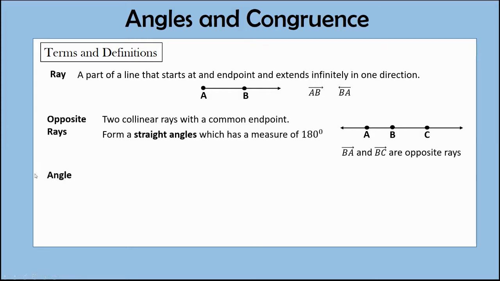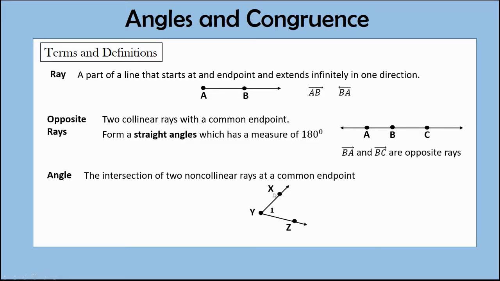Okay, so we get to the idea of an angle. An angle is defined as the intersection of two non-collinear rays at a common endpoint. Here is an angle for us to look at to start with. Notice that it's made up of ray YX and ray YZ.